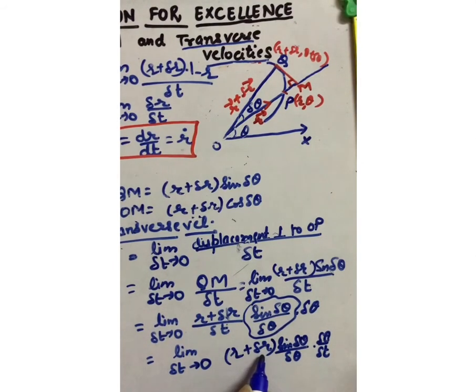Now when you take this delta t tends to 0, we have delta R will also tend to 0. So this term is 0 and this term is 1. So we are left here with R and delta theta by dt. So this will become R, d theta by dt. Let us denote it by v. So this is r theta dot. So this is the transverse component of the velocity.